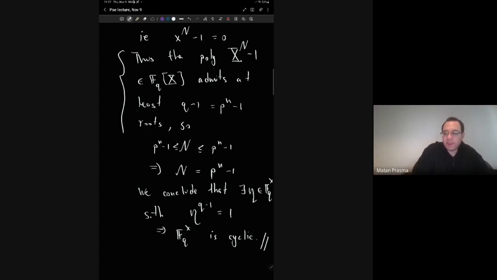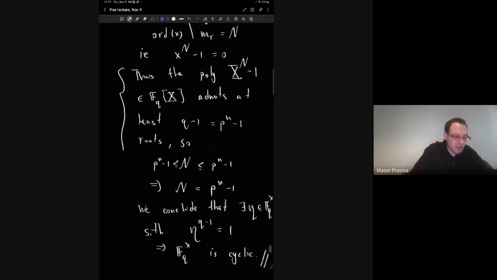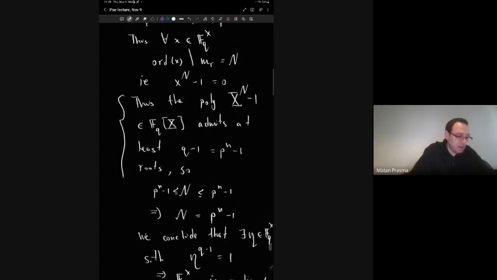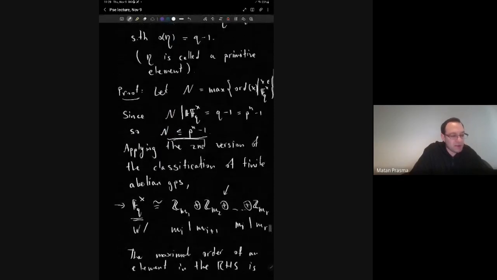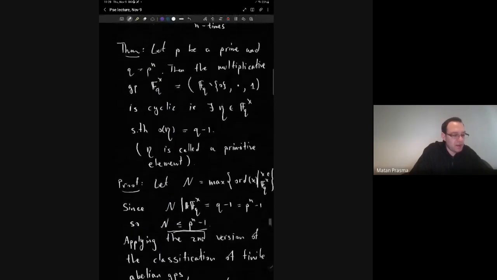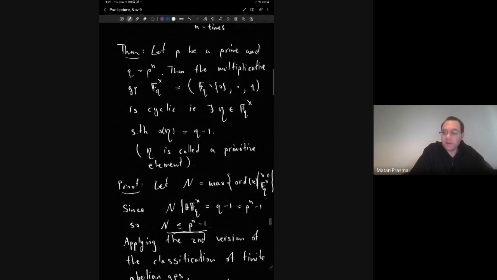Okay, so this is basically pinning down the multiplicative structure of a finite field. Any questions about this result?